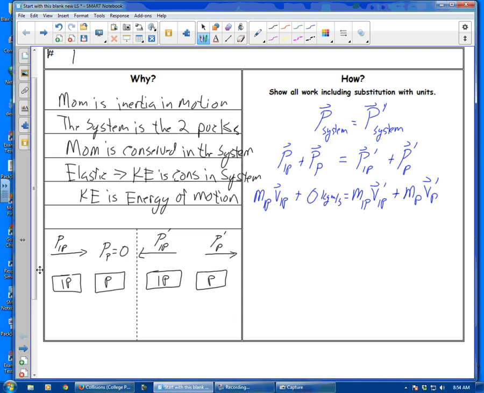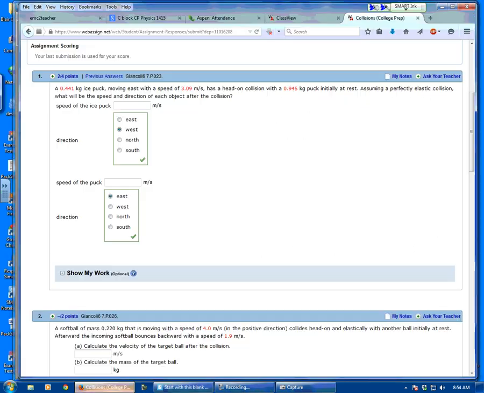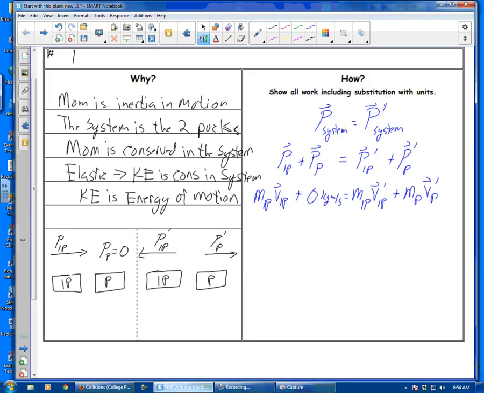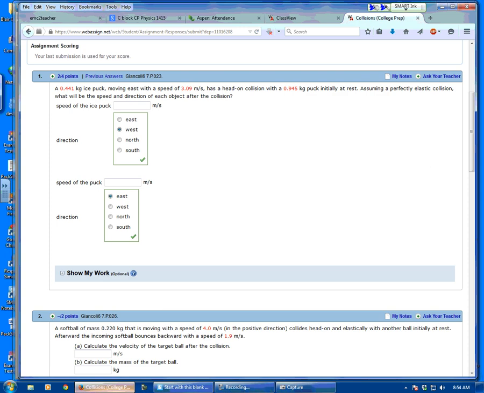At this point, I'm going to substitute in the values that I know. Remember, stop me if I'm going too fast. Inertia of the ice puck is 0.441 kilograms. So I've got 0.441 kilograms. The velocity of my ice puck before the collision, for me it's 3.09 meters per second.